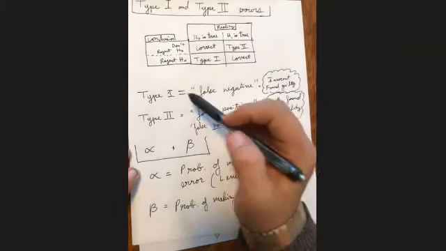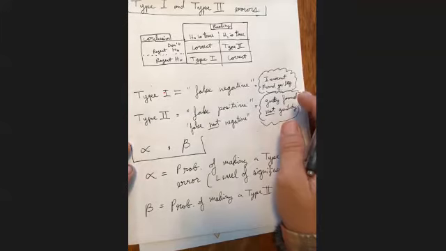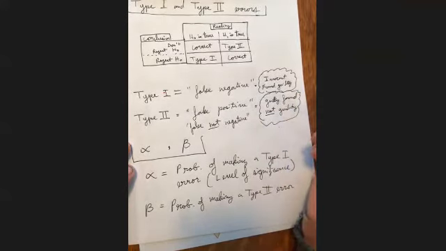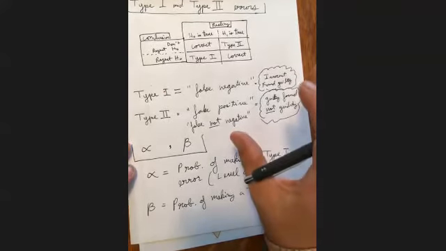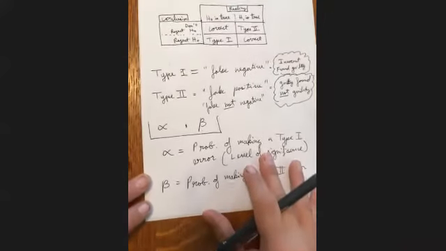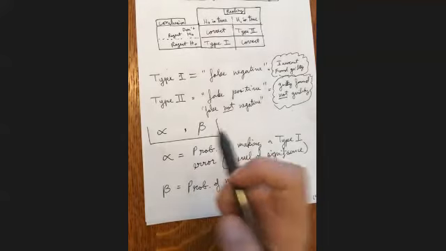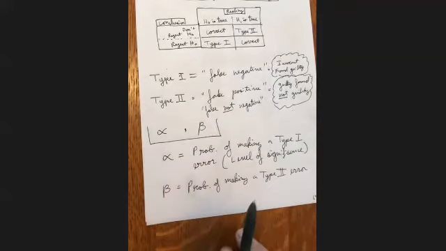These are two types of errors that are unavoidable when you are testing hypotheses. You could commit either one of these types of errors. Now, that being said, you can control how much error you're willing to allow, and that's controlled using this alpha and beta value.